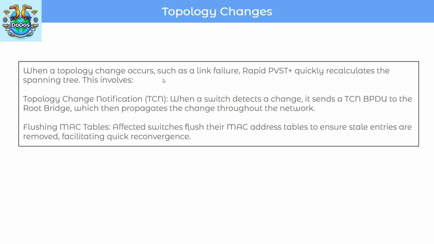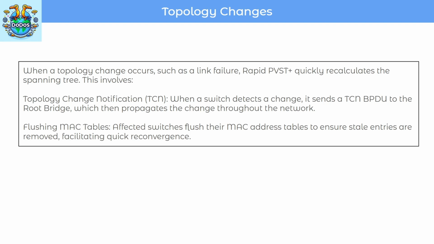When a topology change occurs, such as a link failure, Rapid PVST+ quickly recalculates the spanning tree. This involves topology change notification. When a switch detects a change, it sends a BPDU to the root bridge, which then propagates the change throughout the network. A BPDU is a bridge protocol data unit. It is basically an indication that a switch will send to tell other switches, hey, I'm still active, I'm still here.